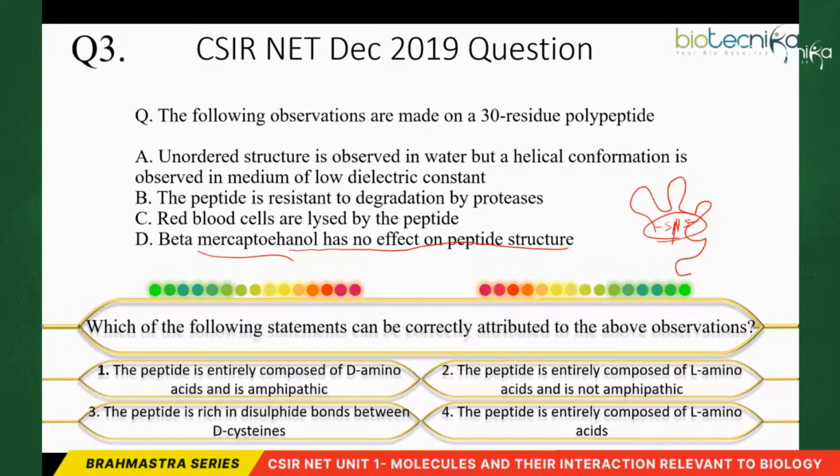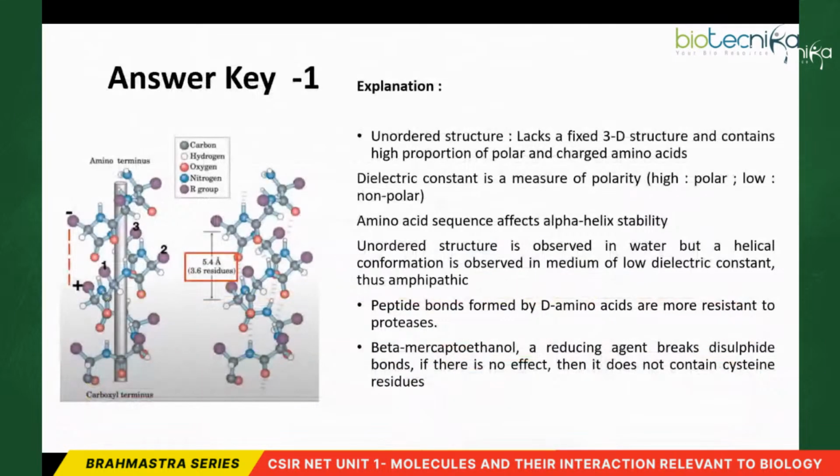So only if the peptide has a different orientation, a mirror image, would the protein structure also be different, such that beta mercaptoethanol will not be able to break the disulfide groups. That means disulfide groups won't be there, because if they were, beta mercaptoethanol would be able to break them. So this peptide's stabilization is through something else. That is why the correct option is answer 1.